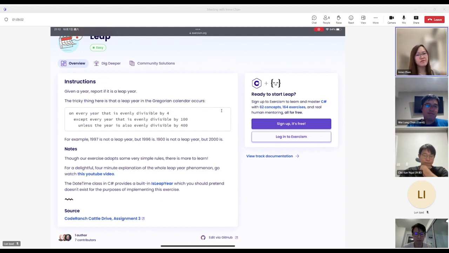If you divide by 4 and then by 100, it's already divided by 400, right? I don't understand why 1996 is a leap year. It can divide by 4, but it cannot divide by 100.